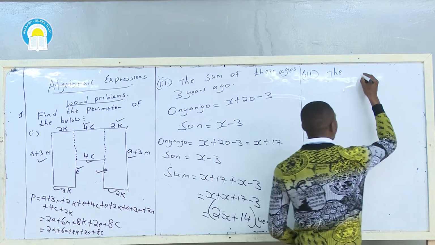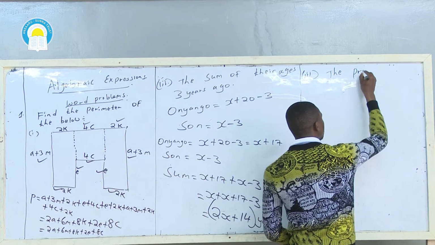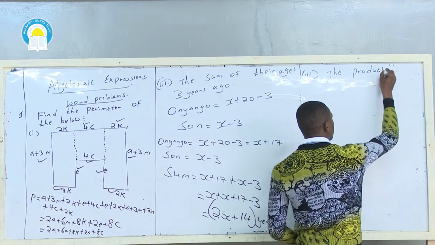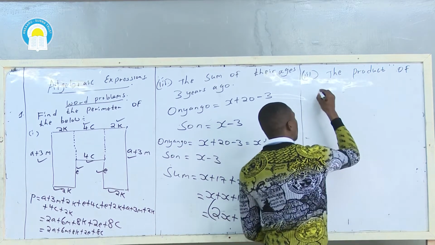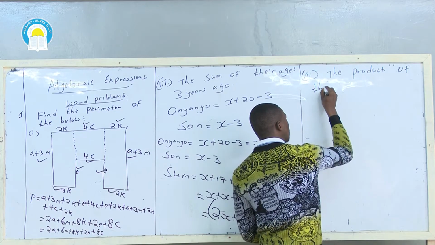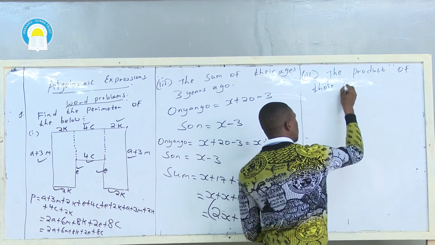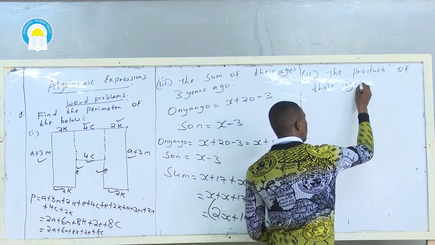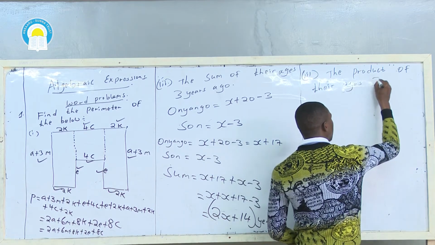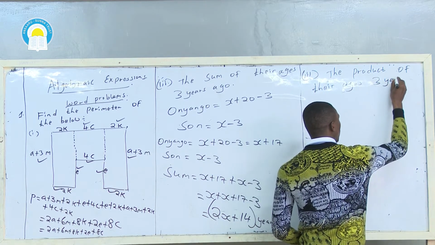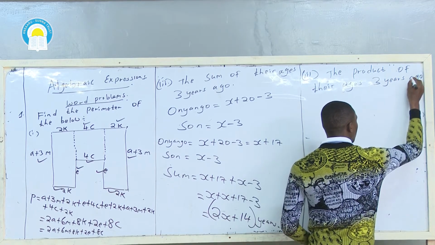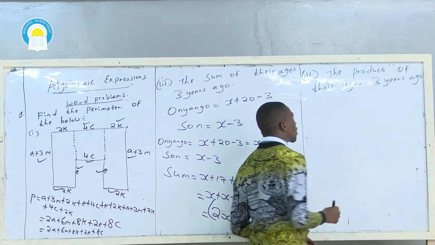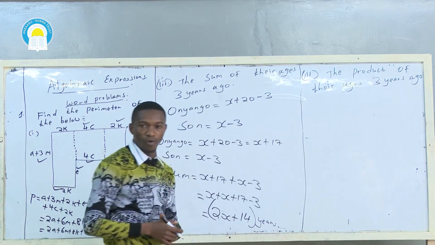You are asked to find the product of their ages 3 years ago. So they want you to find the product of their ages 3 years ago.